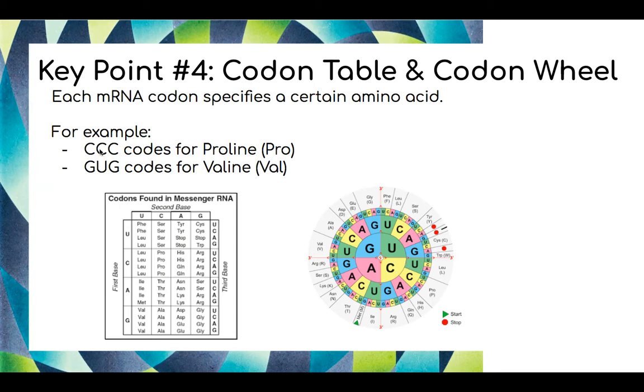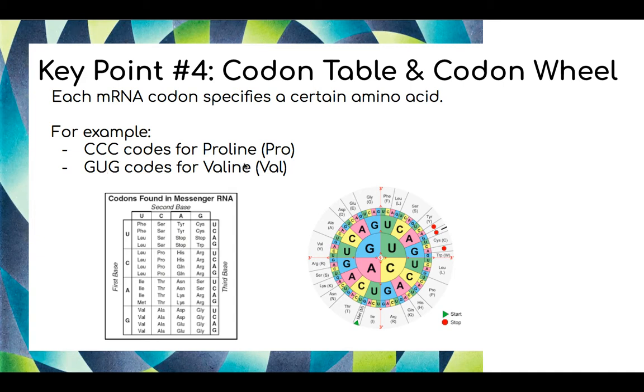So for example, CCC, that is an mRNA codon, and it codes for the amino acid proline. GUG, that is a mRNA codon that codes for valine, the amino acid.